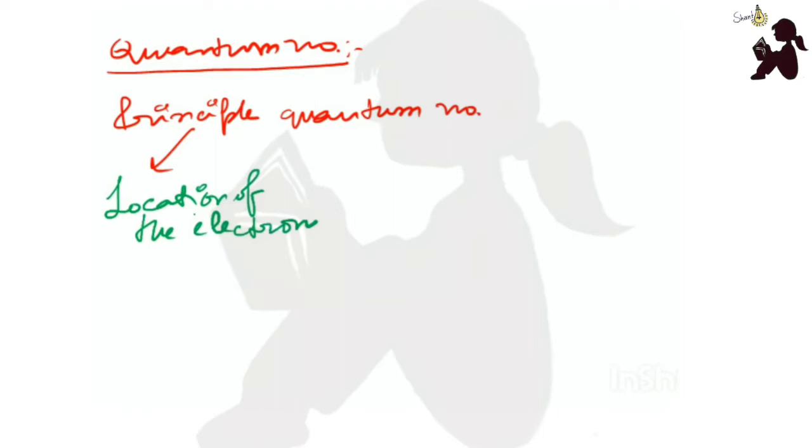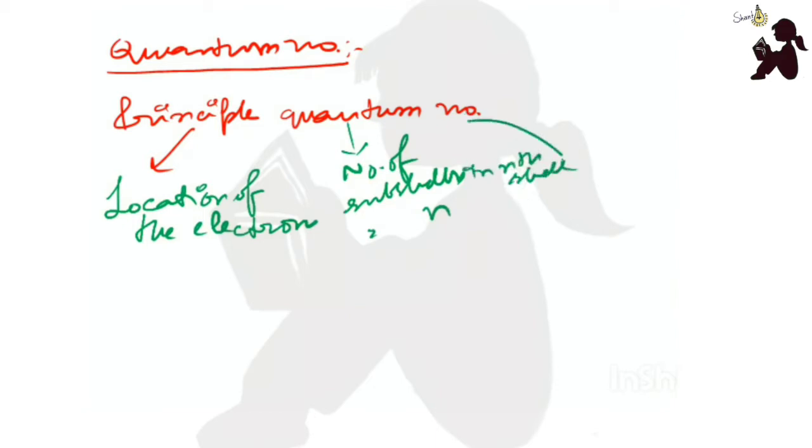Then it also gives the number of subshells, that is n in the nth shell, and we can also deduce the number of orbitals from it.